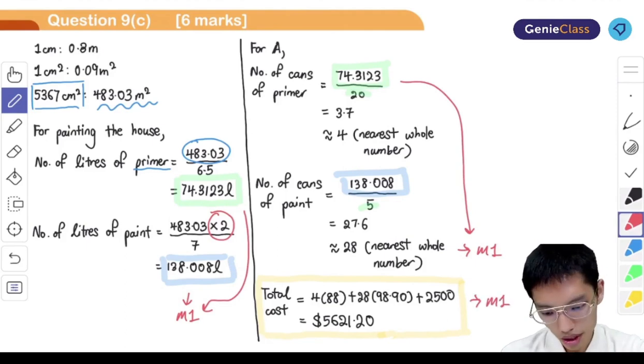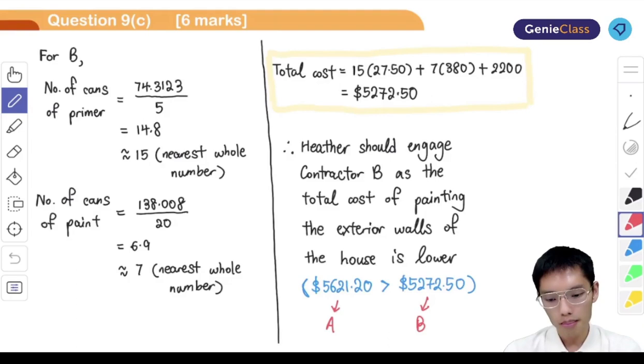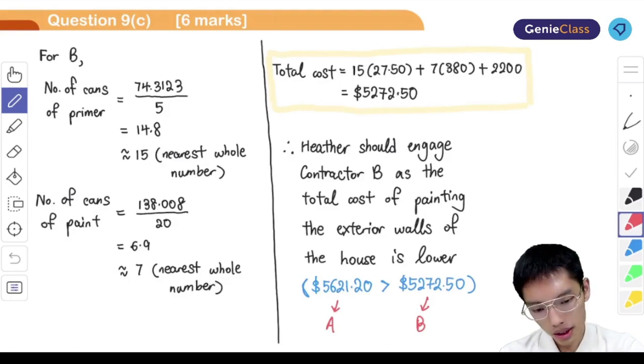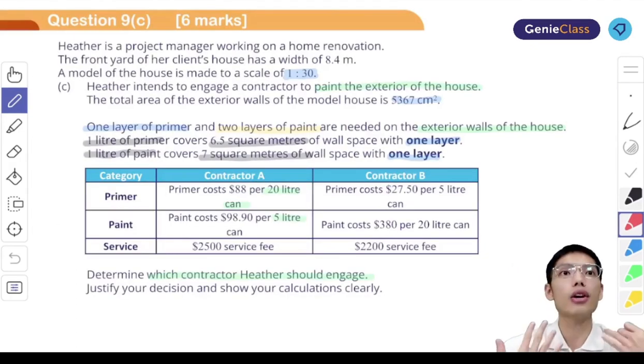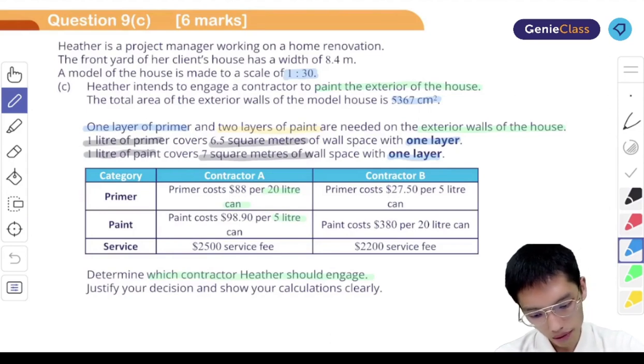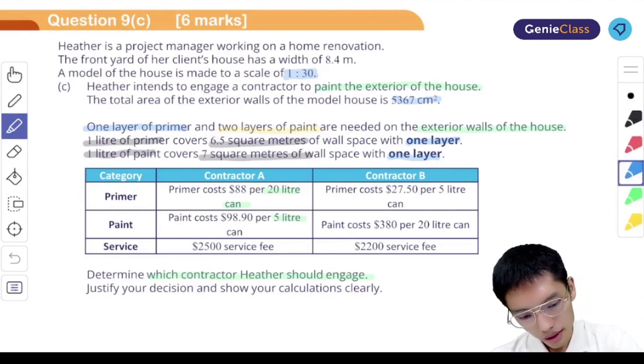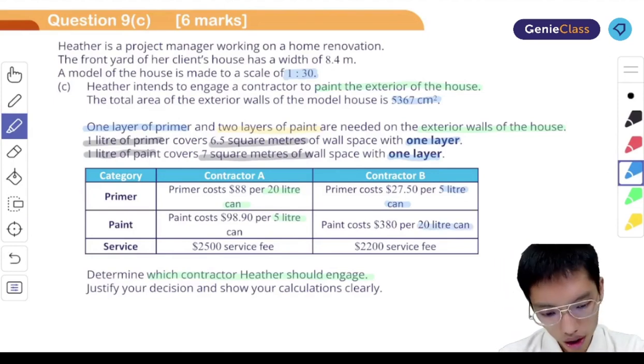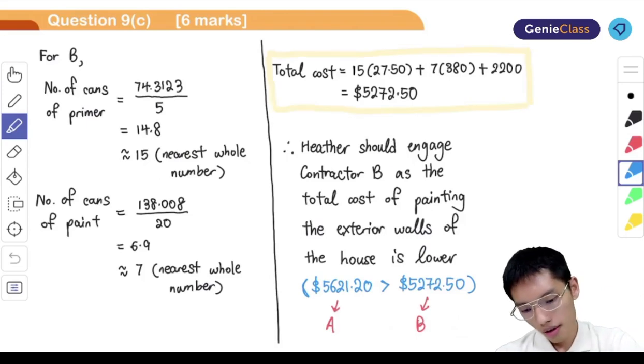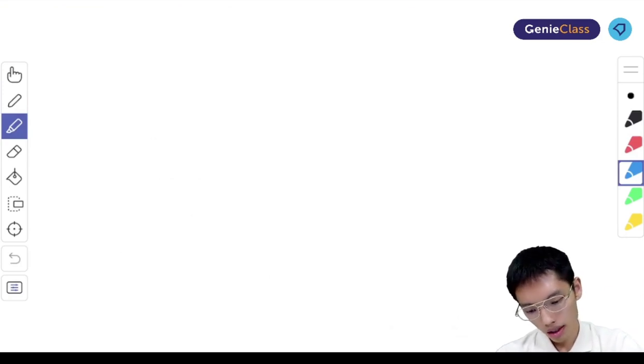Next, we have to do the same thing for contractor B. B is a little bit different because if you refer, right now your cans are given in terms of 5 liter and 20 liter. So that's why your division is a little bit different. Let's recap.